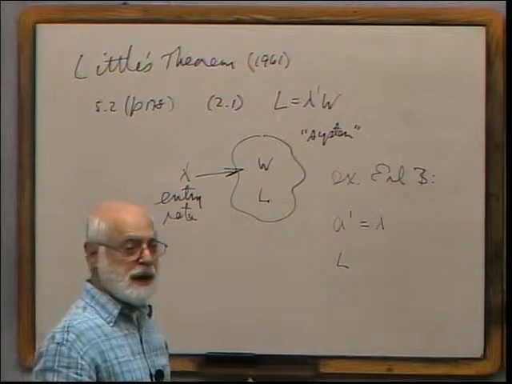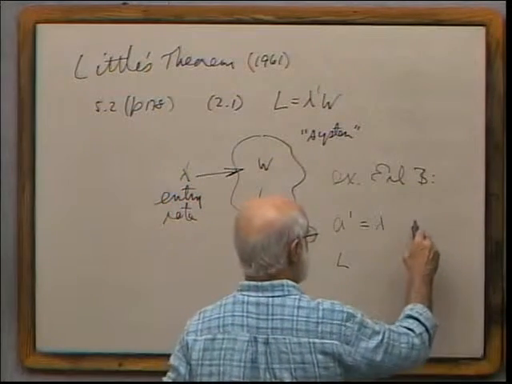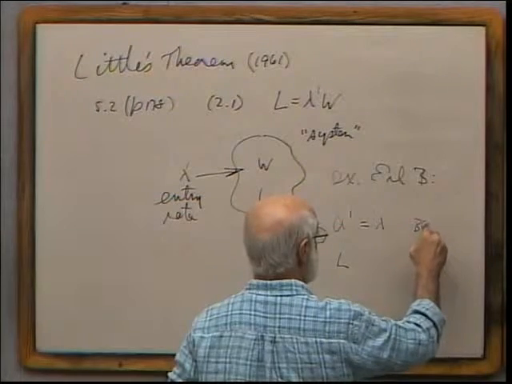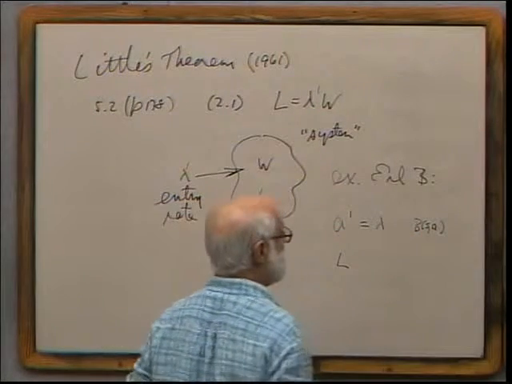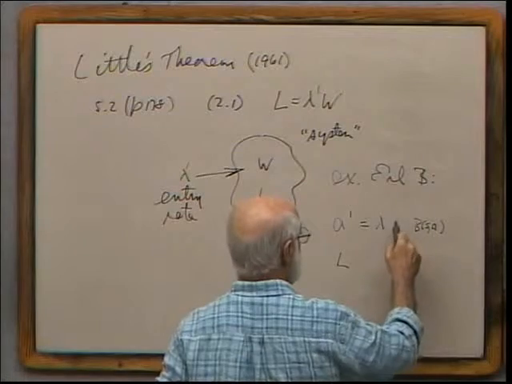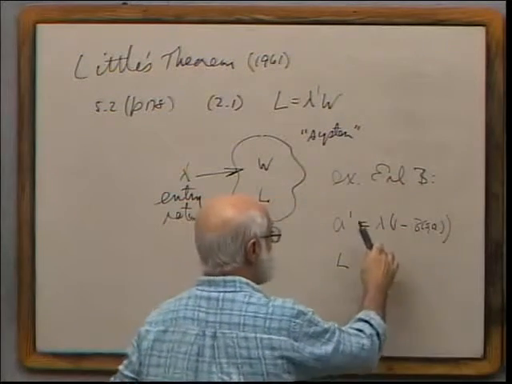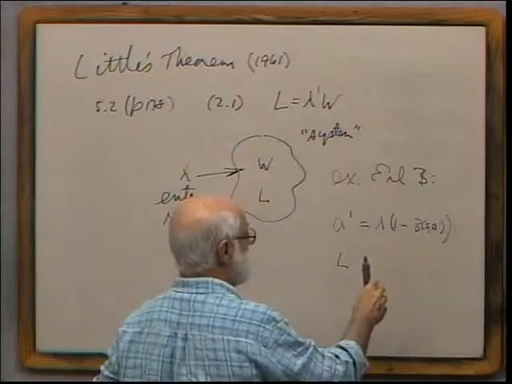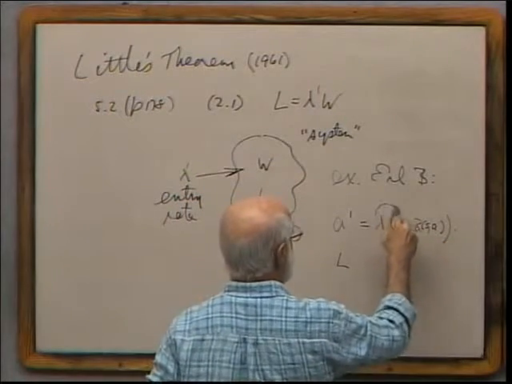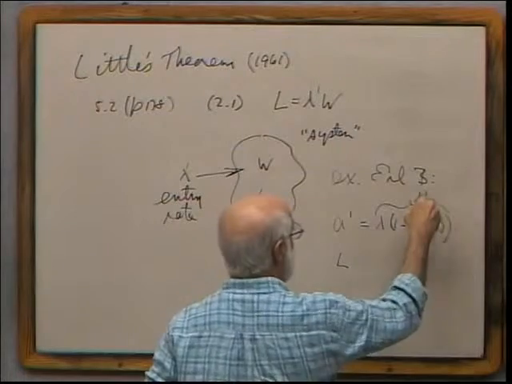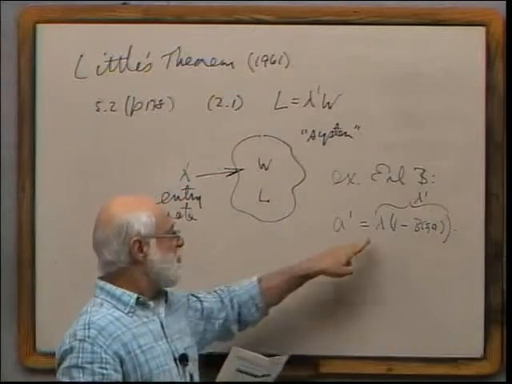The fraction that's blocked is given by the Erlang-B formula, and the fraction that enters, therefore, is 1 minus that. So this part right here is what we've called lambda prime. It's the entry rate, which is the arrival rate times the fraction that enter.